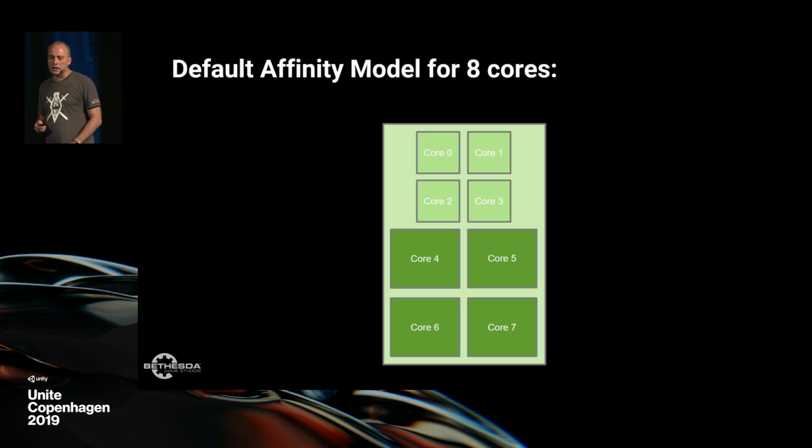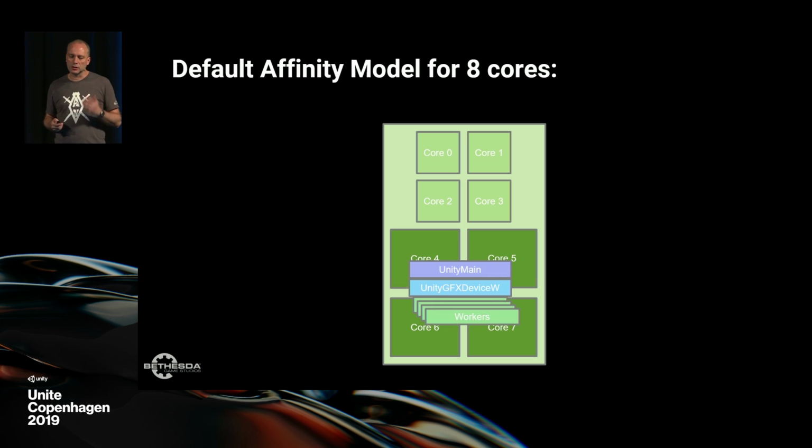All right, so the default affinity model that Unity uses for those 8 core setups, and once again, you may have a device that has 10 cores or 4 cores, but most commonly you have 8. So that's the model. Essentially, everything is running on a big cluster.